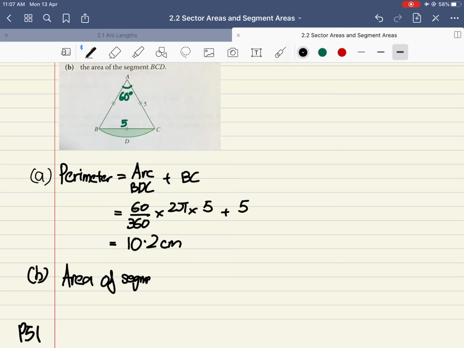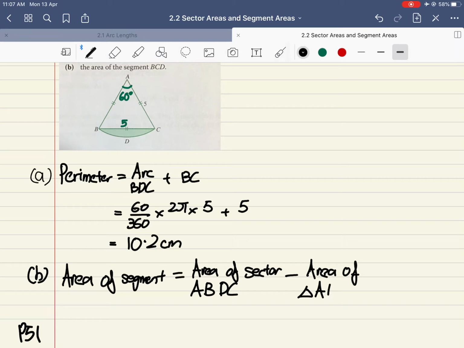So the area of the segment is equal to the area of sector ABDC minus away the area of the triangle ABC.